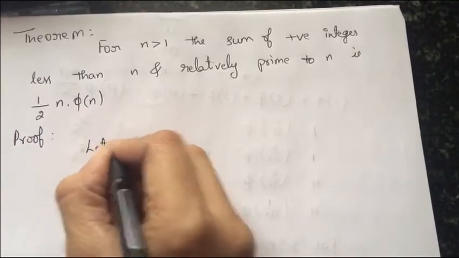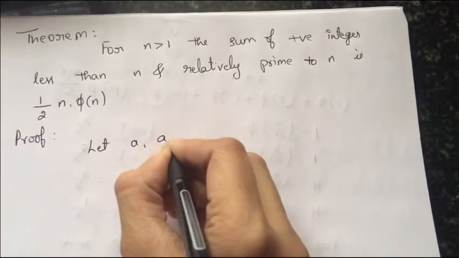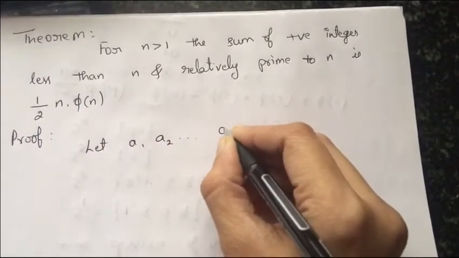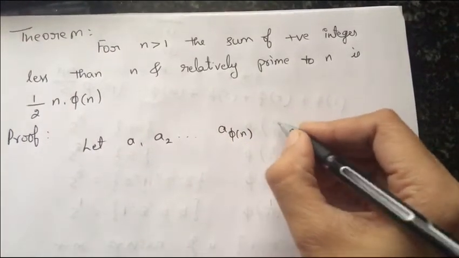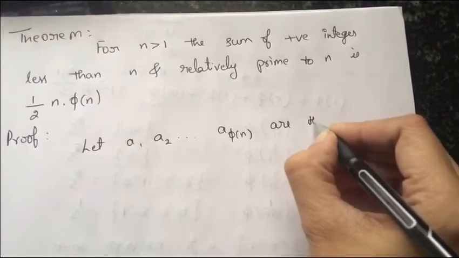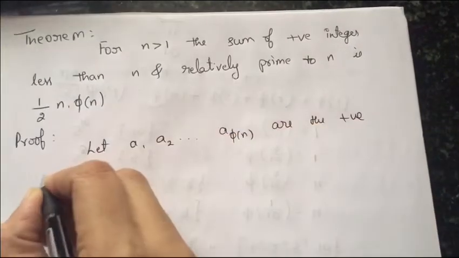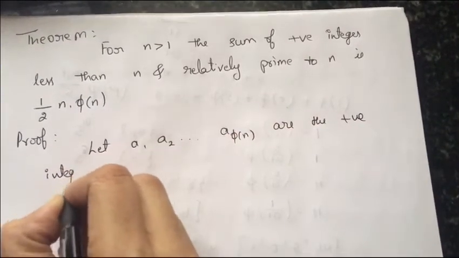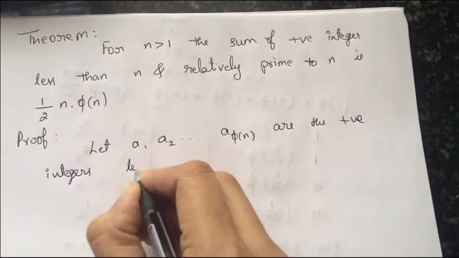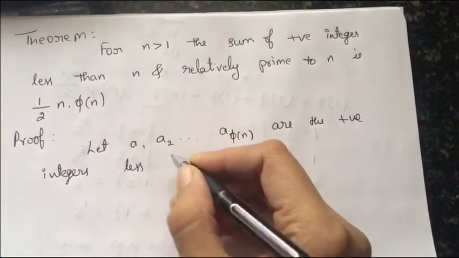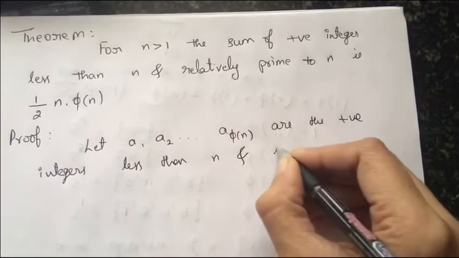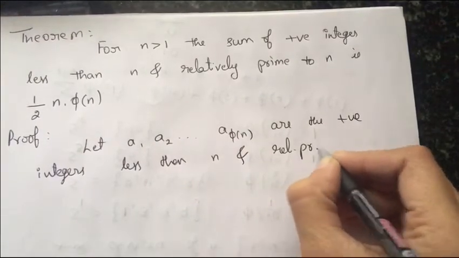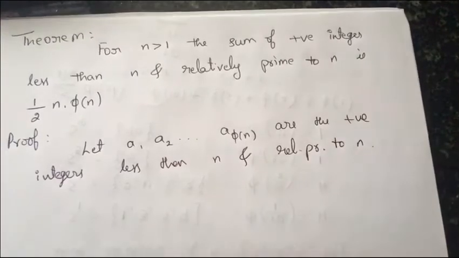Say let a1, a2, up to a phi of n be the positive integers less than n and relatively prime to n.